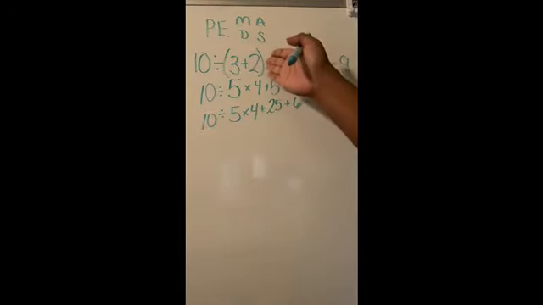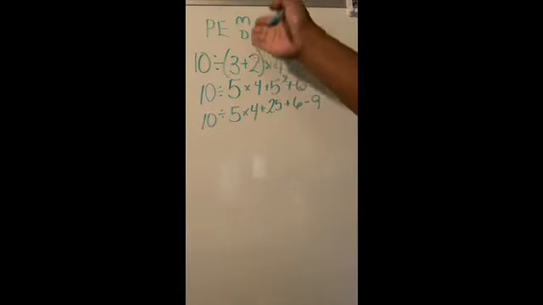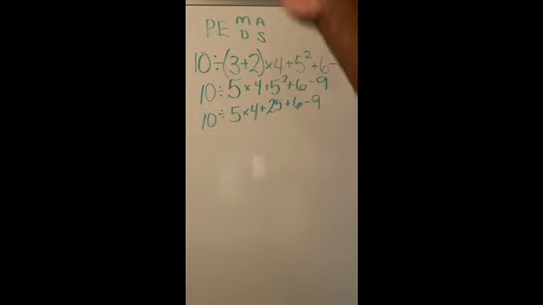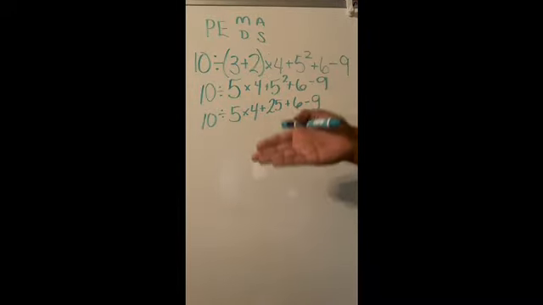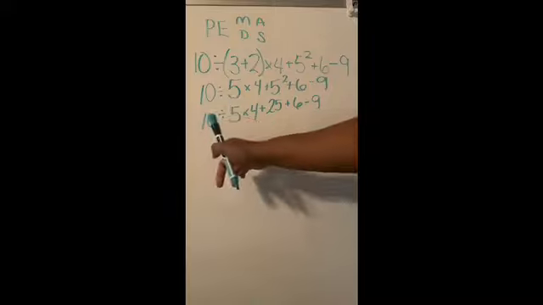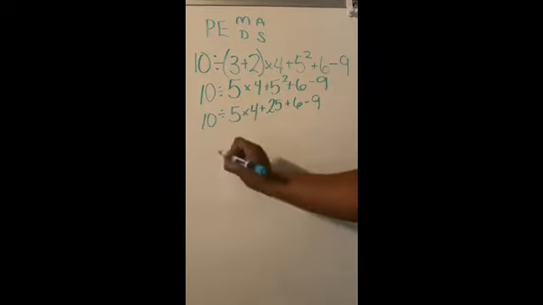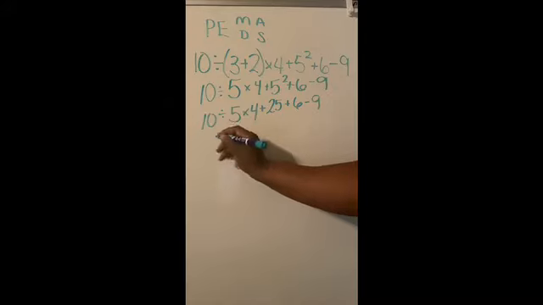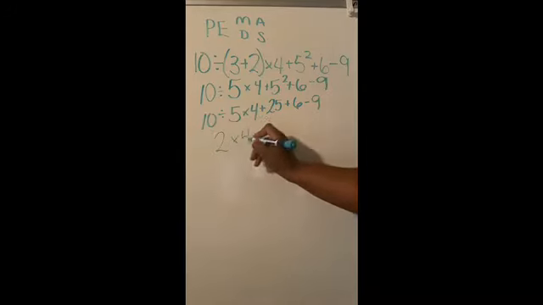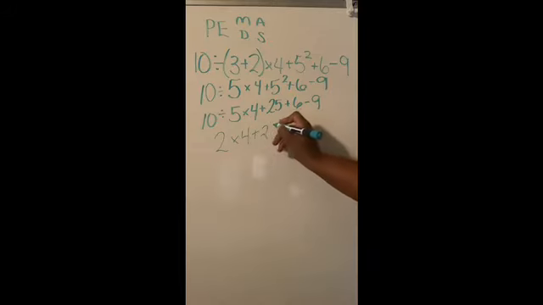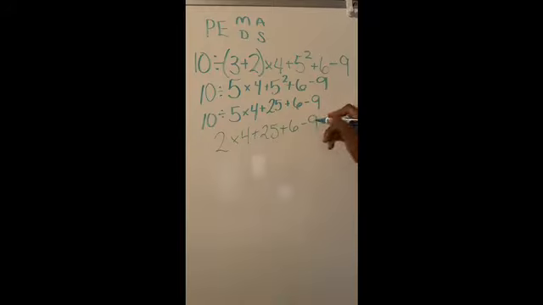That's why I wrote it this way, because whichever comes first is what you're going to do. Either if it's multiplying first, that's what you'll do, or if it's dividing first. In this case, it's dividing first. So 10 divided by 5 is 2 times 4 plus 25 plus 6 minus 9.